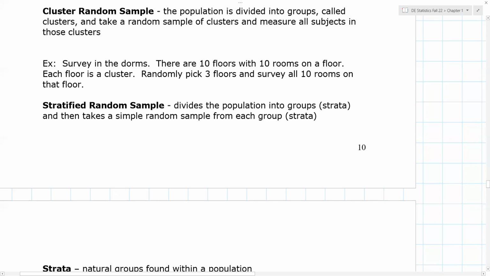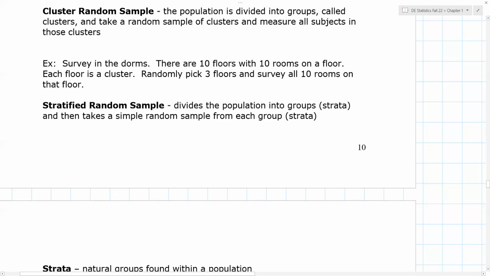So let's say that Arapahoe High School has 500 students in each class. So 500 freshmen, 500 sophomores, 500 juniors, 500 seniors. If I want a representative sample of Arapahoe High School, I'm going to get a sample size of 100 students, and I want that to accurately reflect Arapahoe High School.